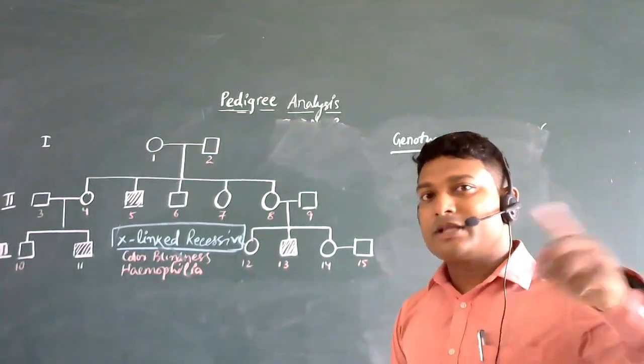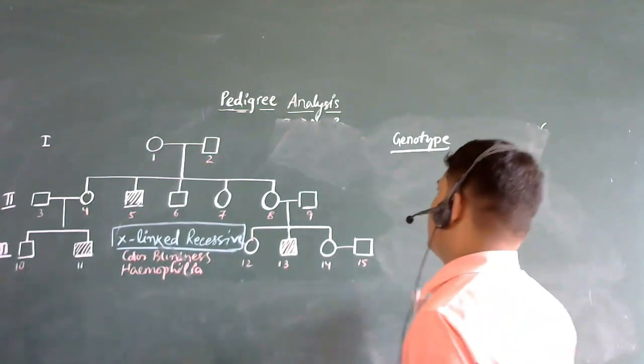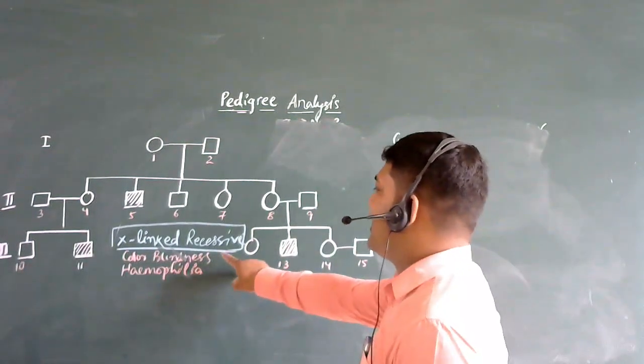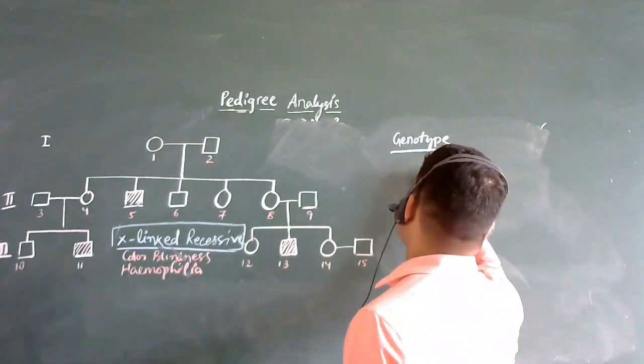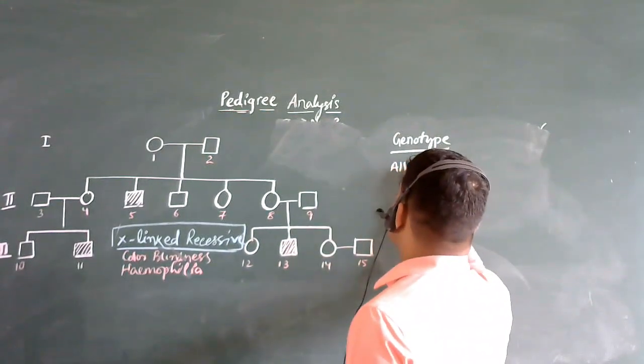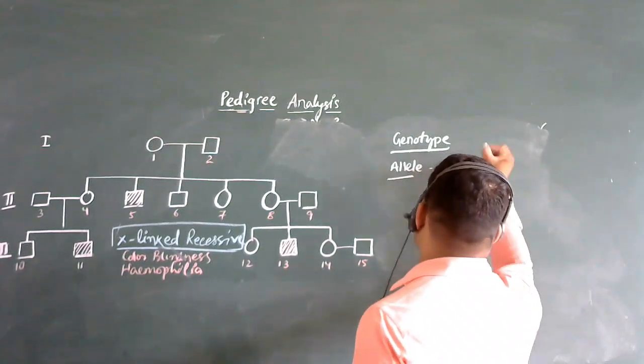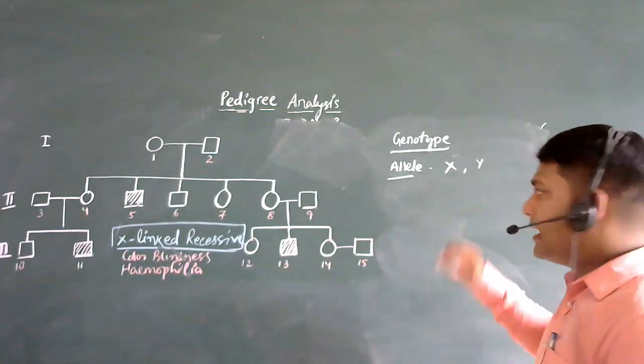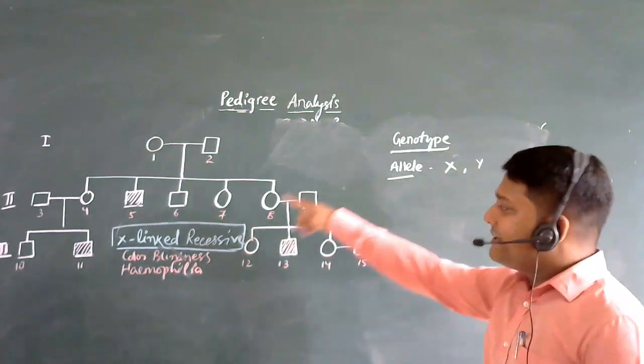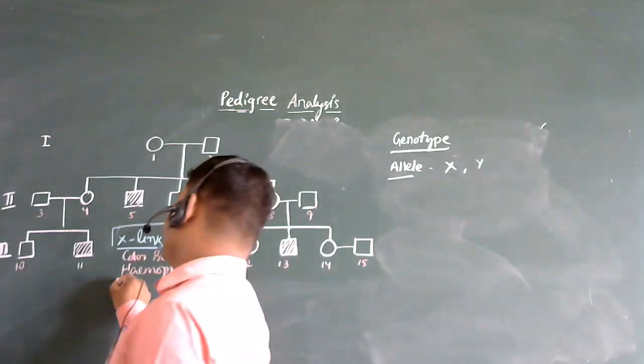So when we talk about X-linked recessive, the first thing that comes to mind is you have to identify the genotype. Genotype means you have to go for alleles. So whenever you have an X-linked condition, you have to go for the alleles X and Y. Let's imagine that it is hemophilia.